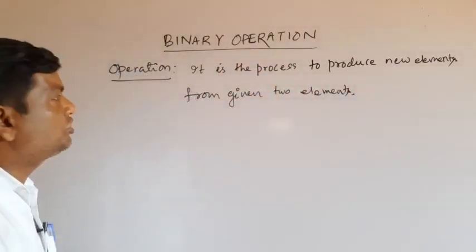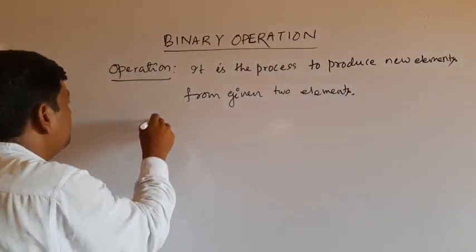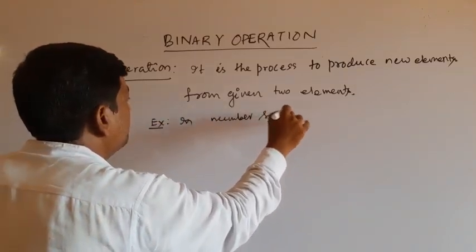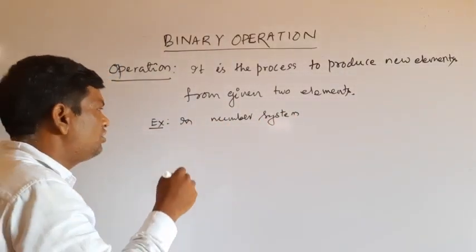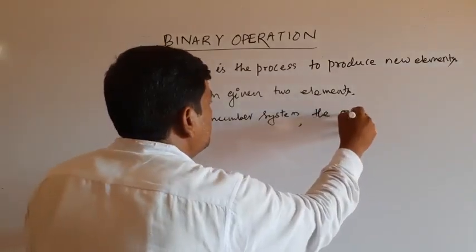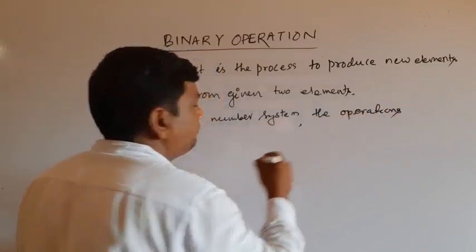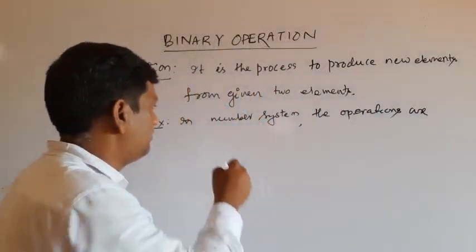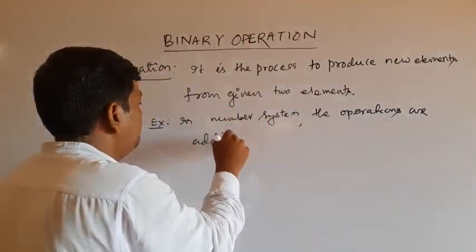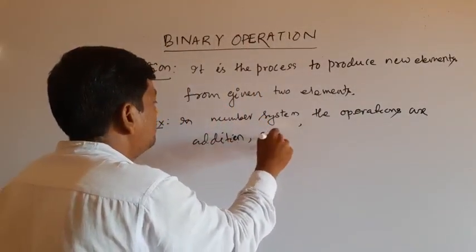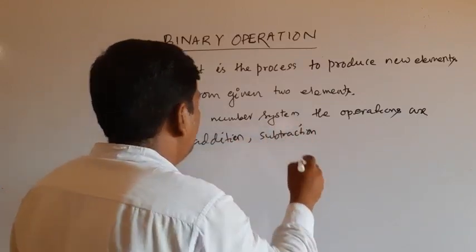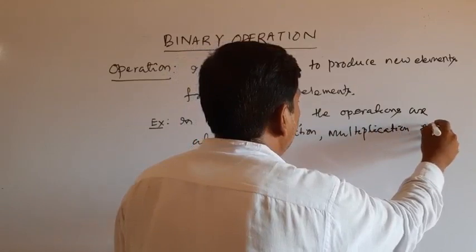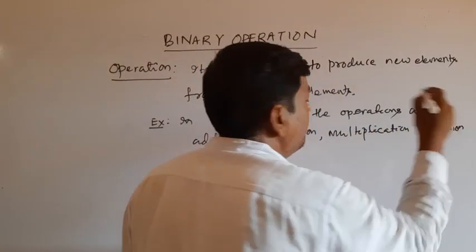In the number system, for example, the operations are addition, subtraction, multiplication and division.